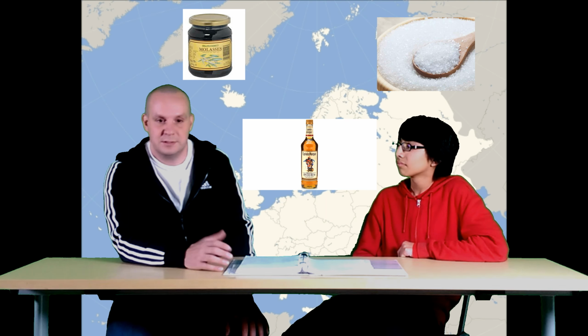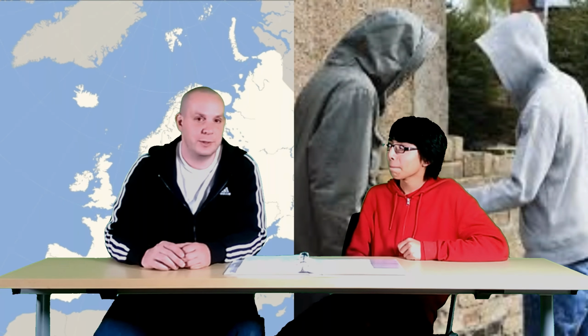He took these products and brought them back to Europe, stuff that's not native to Europe, such as sugar, rum, molasses, and tobacco. And he sold them and became rich. A professor of history called Diego Velazquez the first drug dealer of Europe.